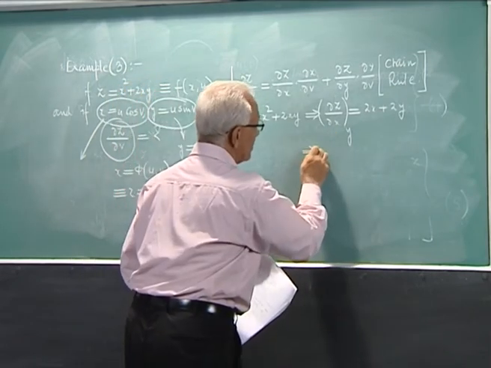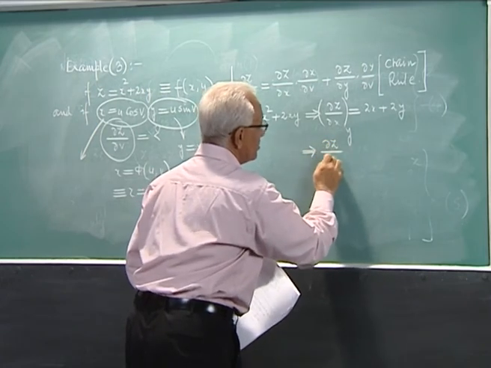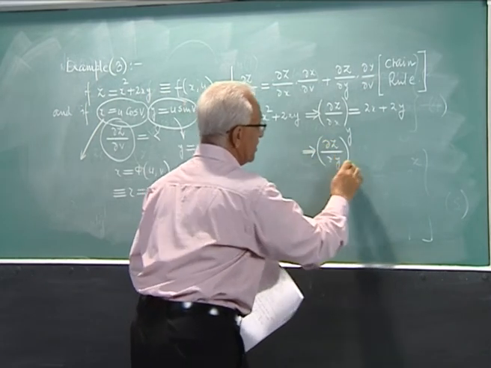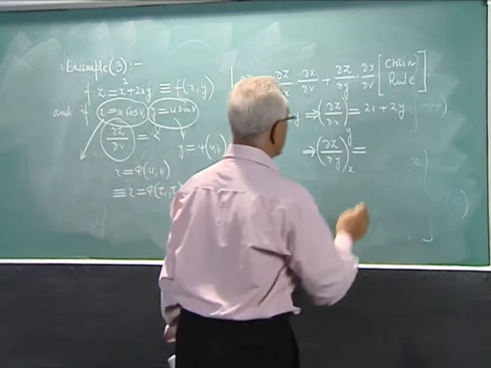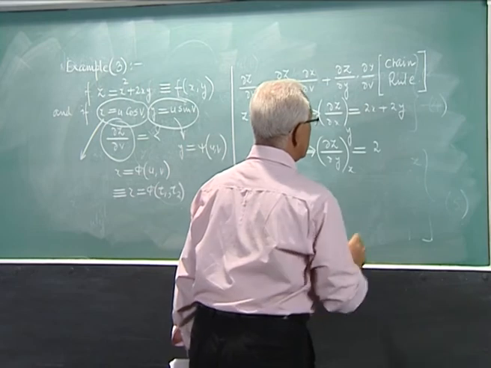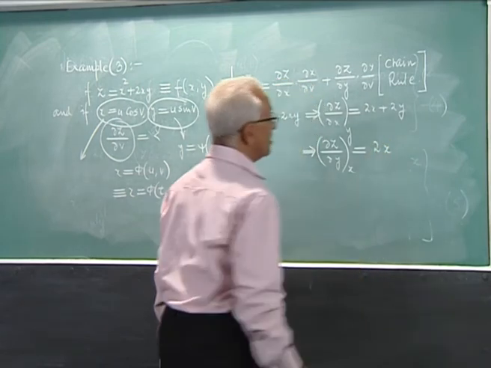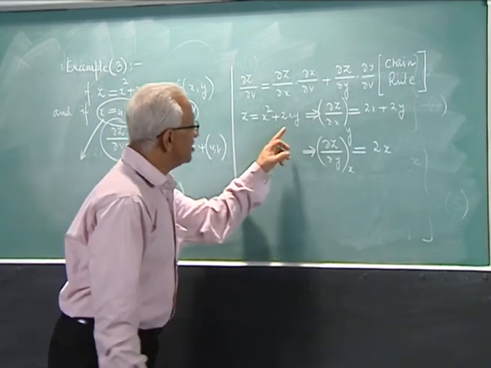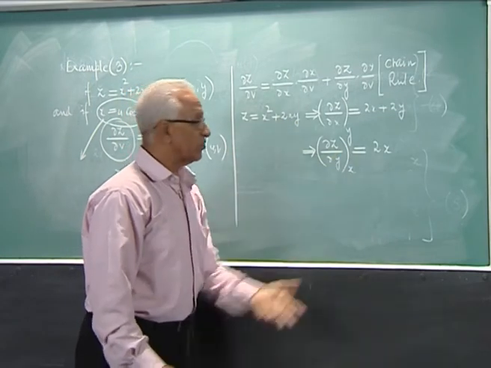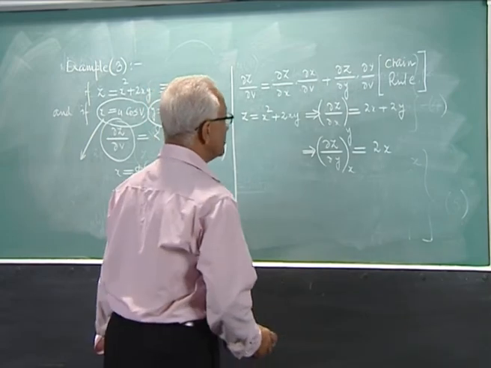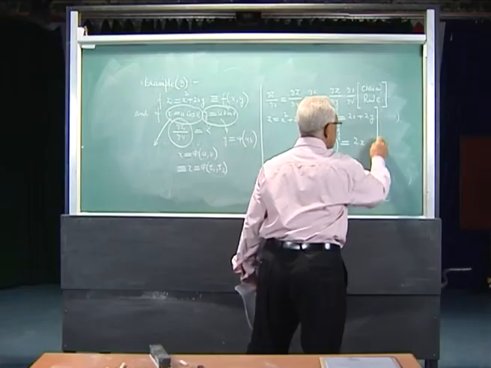Partial with respect to y keeping x constant, naturally this will become 0, and with respect to y this will give me only x. With respect to y this will become 1 and 2x will remain 2x because that is to be treated as a constant. So, this is one part of the result.